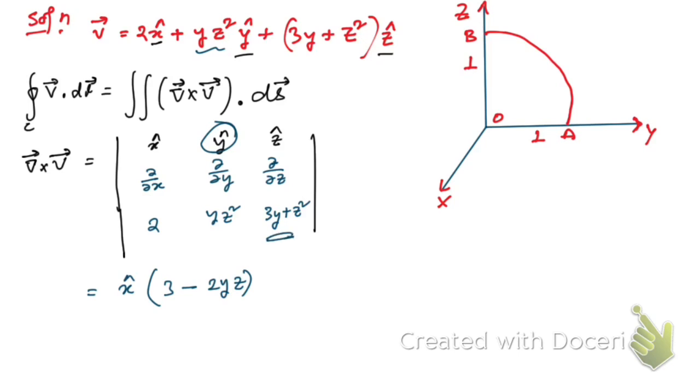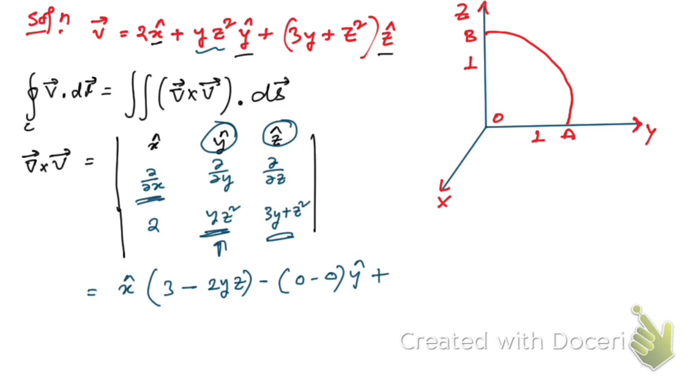For y cap, we need to differentiate this with respect to x, so that's gonna be 0, minus, then differentiate 2 with respect to z, so that will also be 0. So we get 0 minus 0 for y cap. Similarly for z cap, we need to differentiate this one with respect to x.